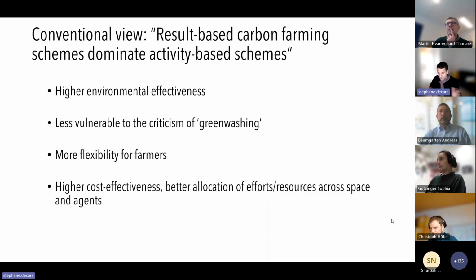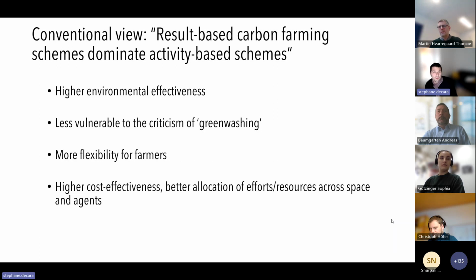Okay, so I will not cover all the economic dimensions of the carbon farming schemes, but I will focus in my presentation on something that Martin mentioned in his introduction, the importance of the design, and especially the difference between result-based and activity-based or action-based schemes.